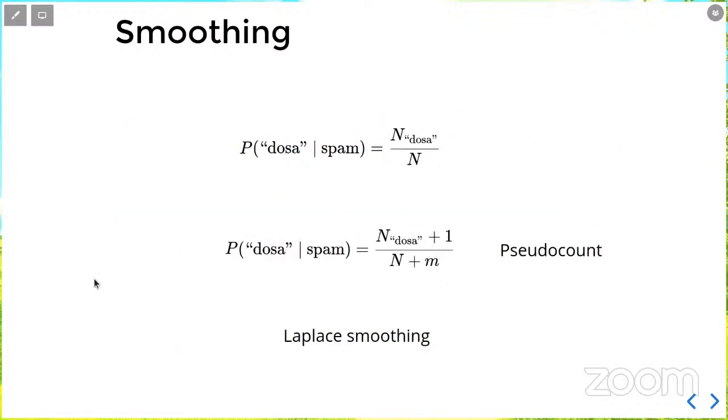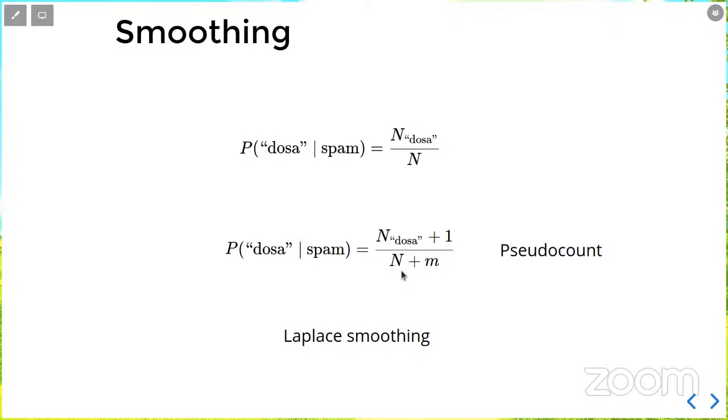You do something called smoothing. Earlier you had this formula for estimating the parameters: the probability of word given spam is the number of occurrences of dosa divided by the total number of spam words. Now, for every word in your vocabulary, you are giving a pseudo count of 1, right?